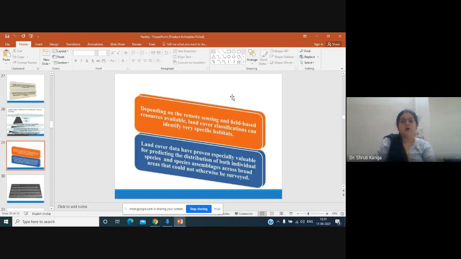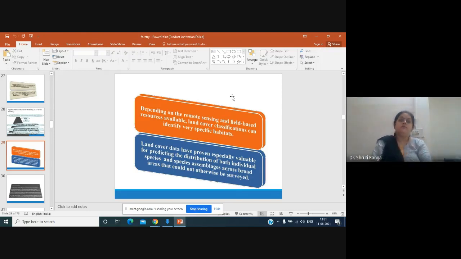Depending on the remote sensing and field based resources available, land cover classification can identify very specific habitats. Based on the type of forest, we can also identify what kind of habitat can be found. So depending on remote sensing and field based studies, the land use classification can be determined, and based on this we can identify species specific habitat also.